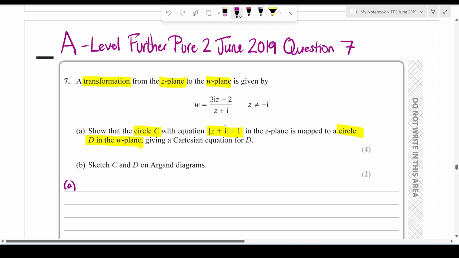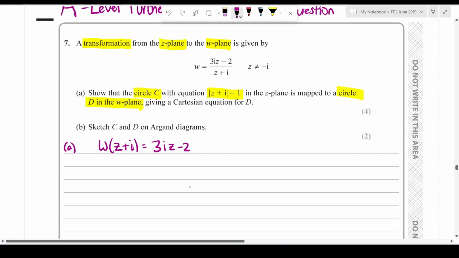And then let's substitute it in our equation that Z satisfies for being a circle. And that'll be it, pretty much. So, multiplying up. Okay, this is a type of equation where you have to multiply, factorize, rearrange, and so on. So, multiplying out, WZ plus IW is equal to 3IZ minus 2.